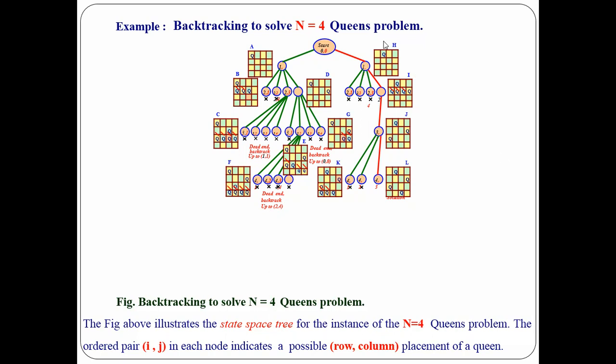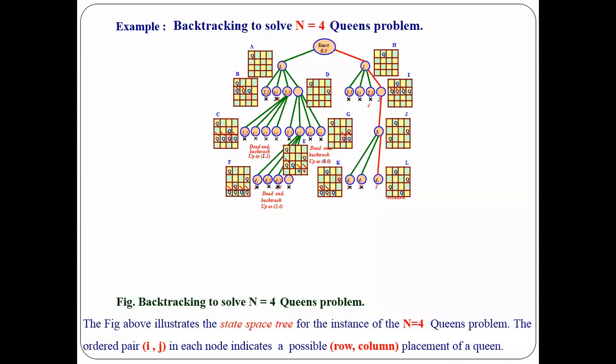You can see H, I, J, and L, they are clear cut giving solutions one by one, and no backtracking was required much. But in case of your A, B, C, D, E, F, and this K, there are different backtracking mechanisms available through which you can find out how the queens can be placed so that you are able to find a solution to it.